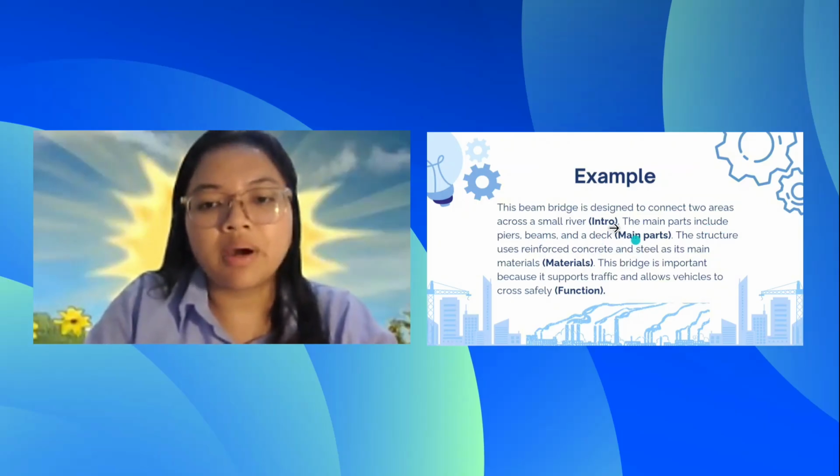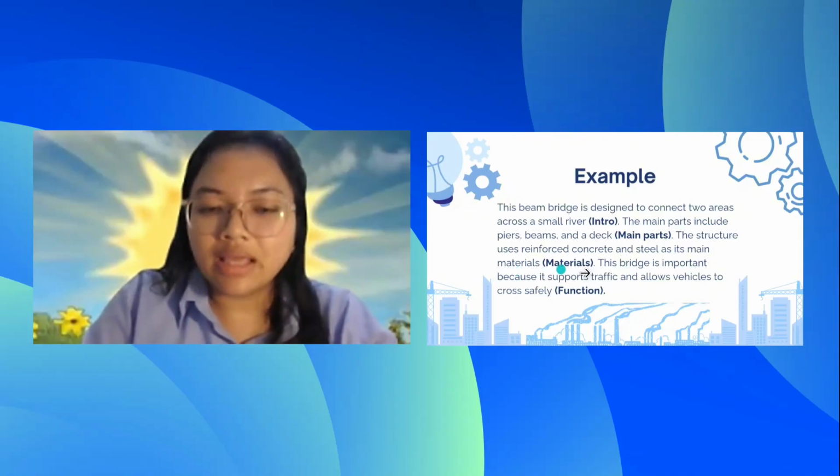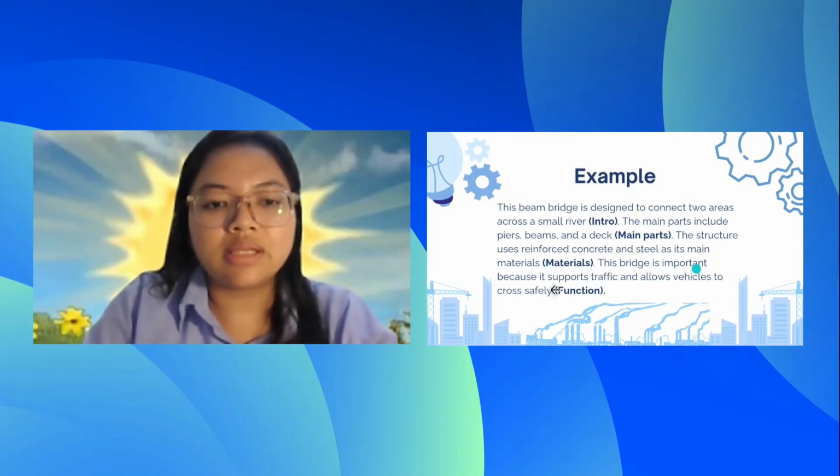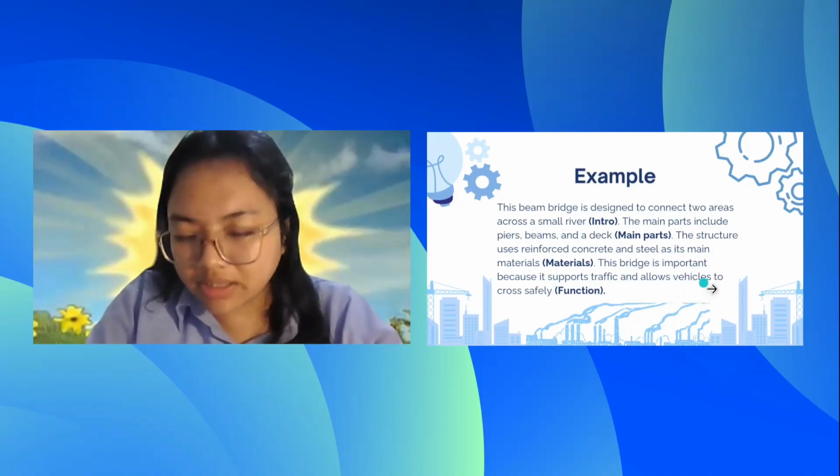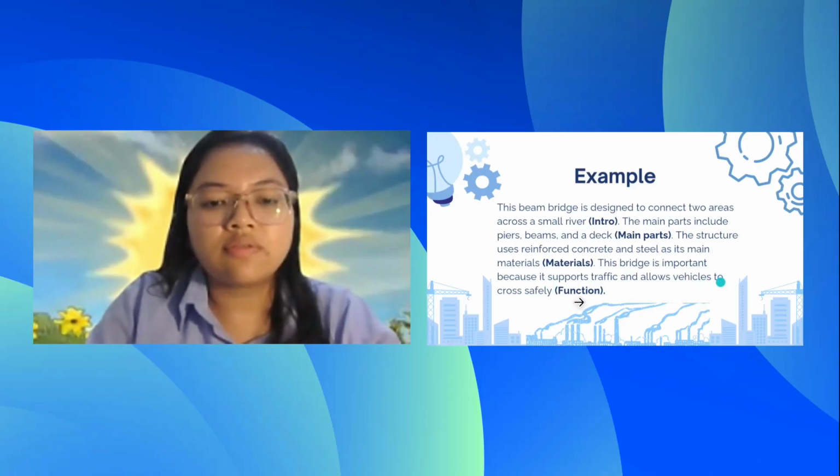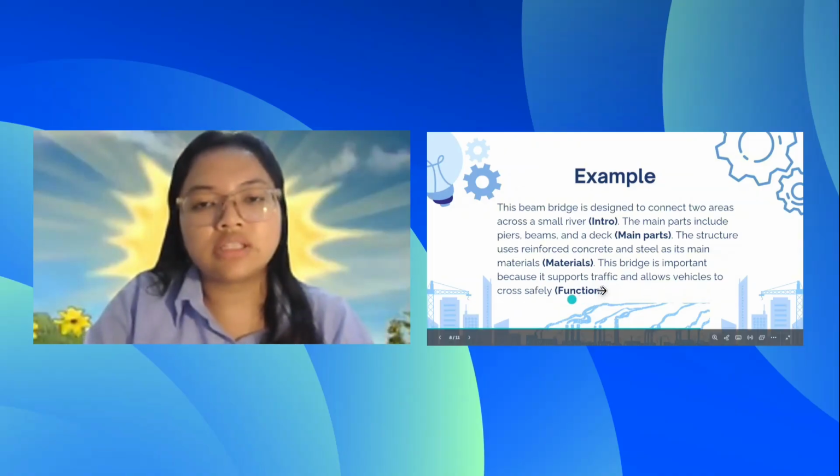These are the main parts. The structure uses reinforced concrete and steel as its main materials. And the bridge is important because it supports traffic and allows vehicles to cross safely. This is the function.